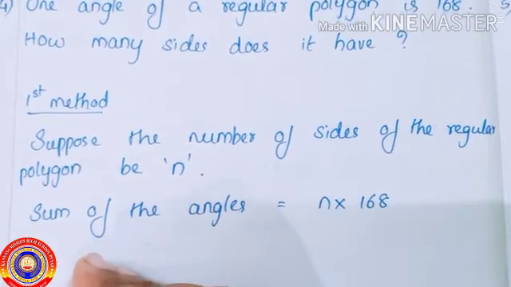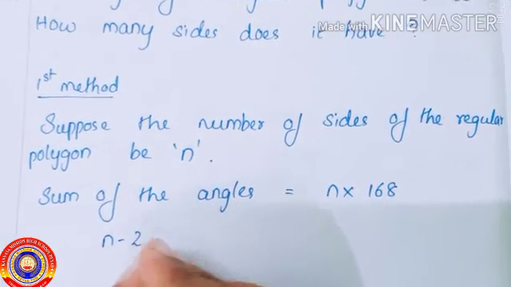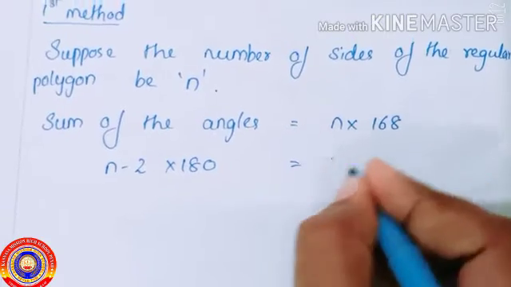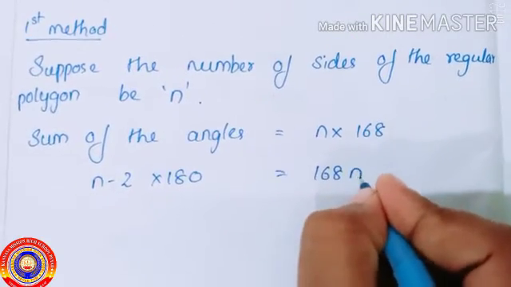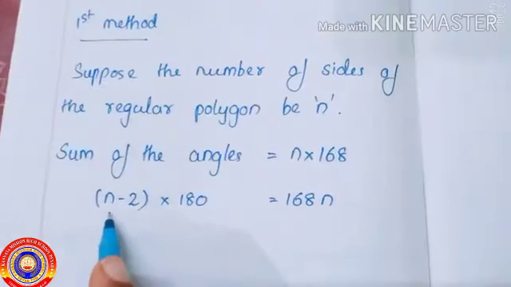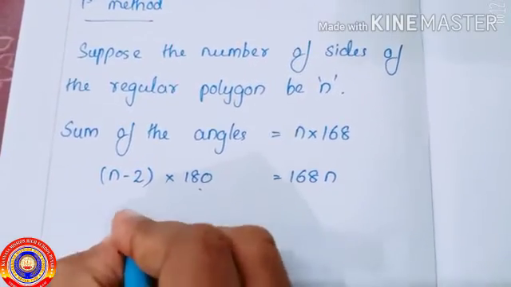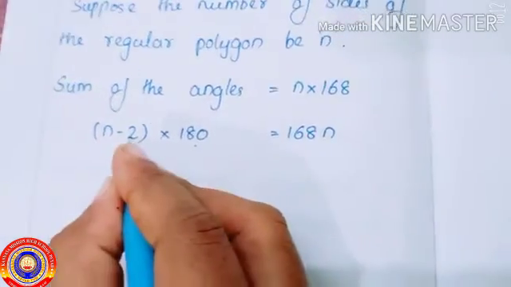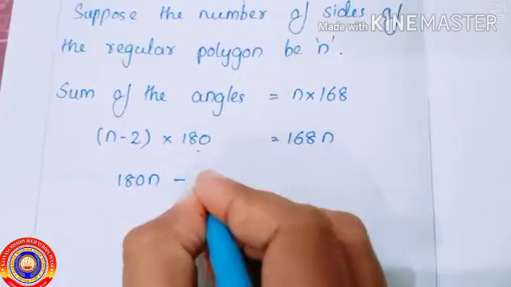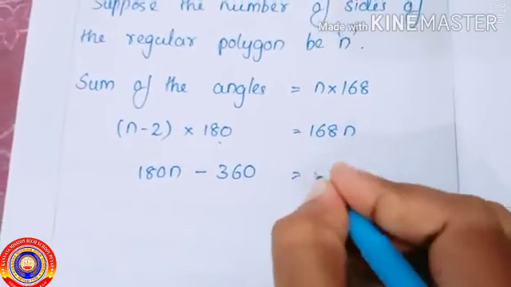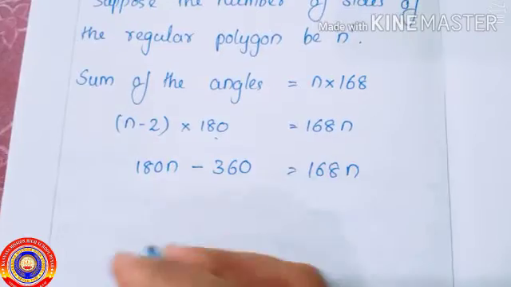Sum of angles is (n minus 2) into 180 degree. That is equal to n into 168, that is 168n. n into 180 is 180n, minus 2 into 180 is 360, which is equal to 168n.